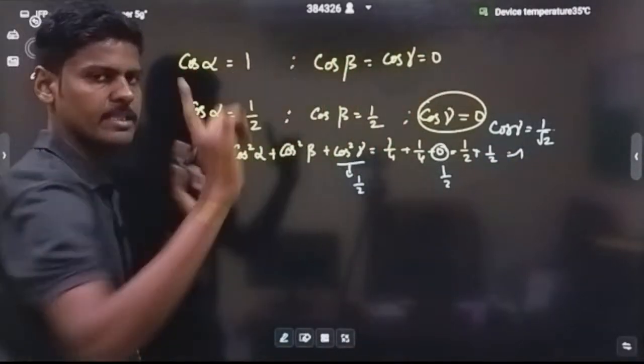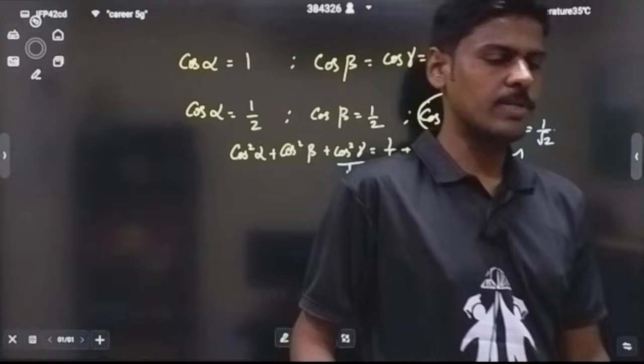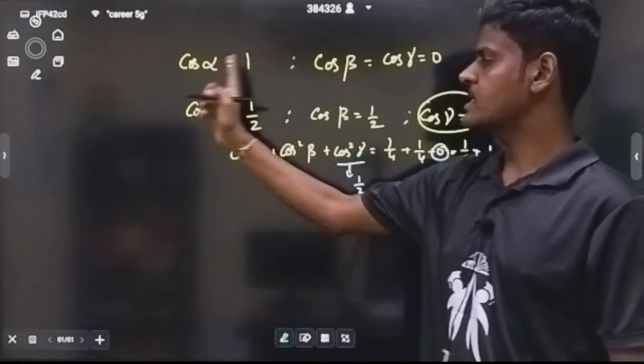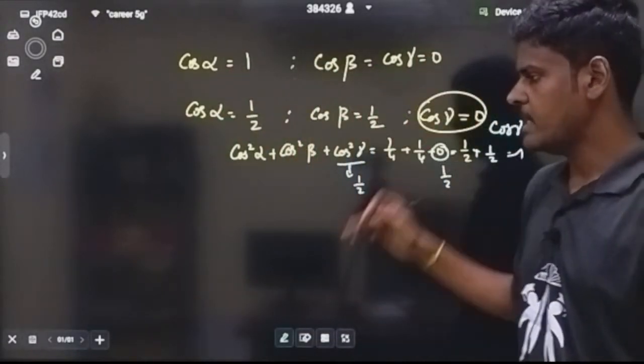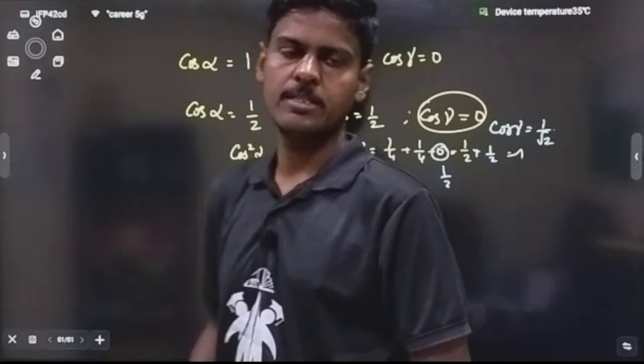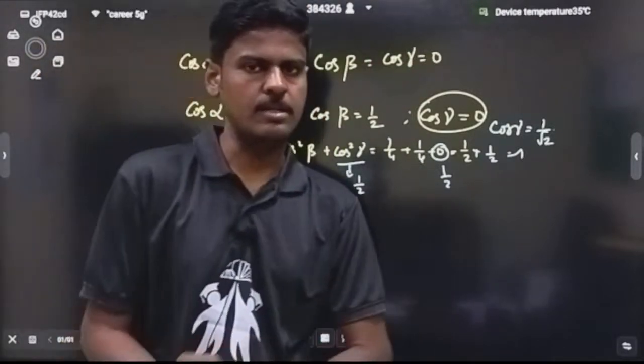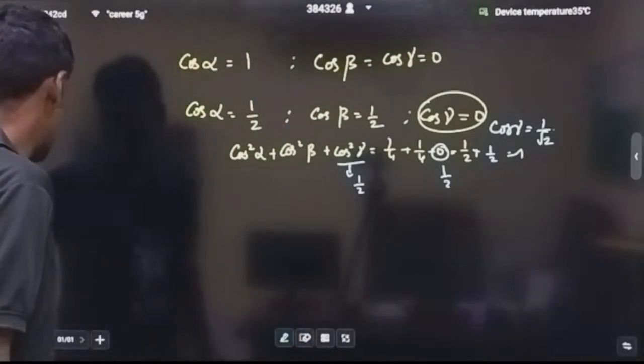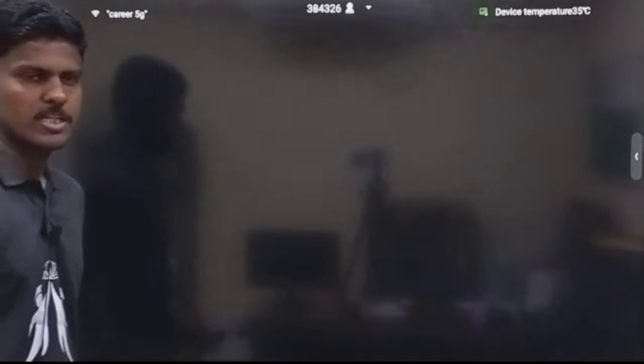Then this vector will lie in the space. Is that clear, students? Only when this condition is satisfied can we say this point exists or not. Okay, that is about direction cosines.